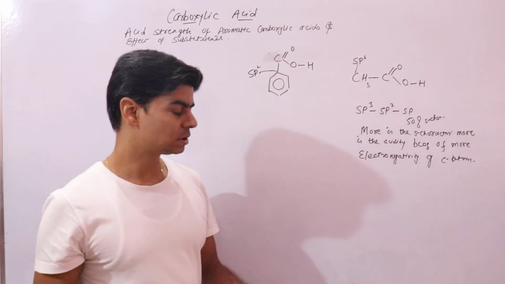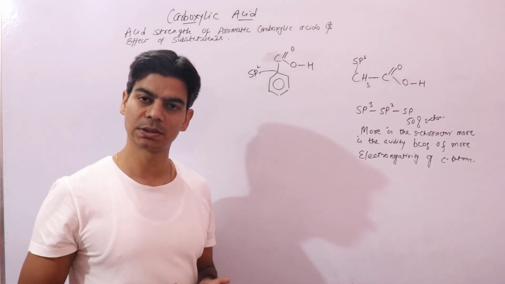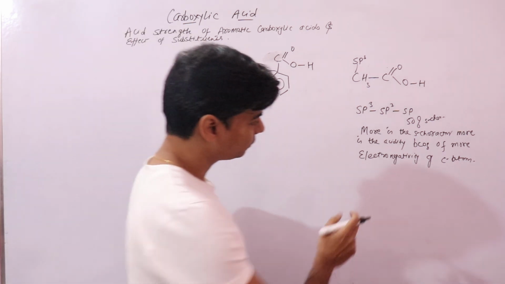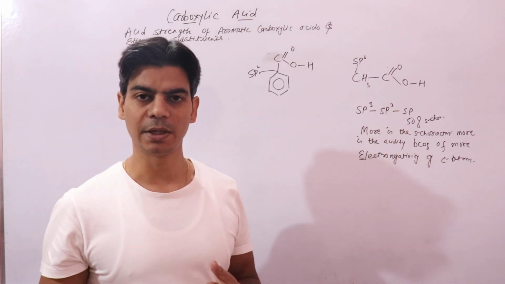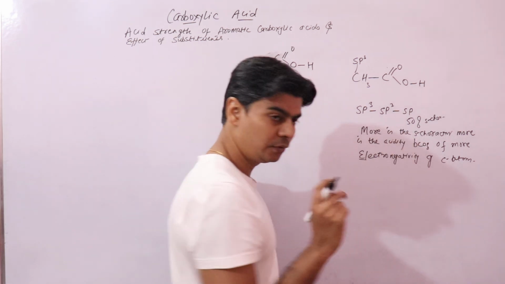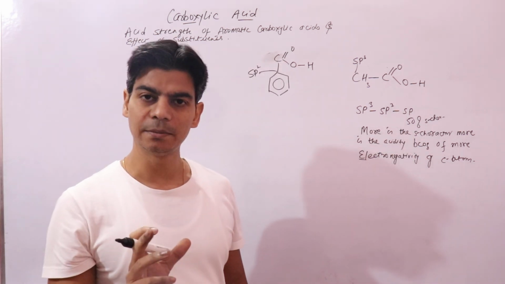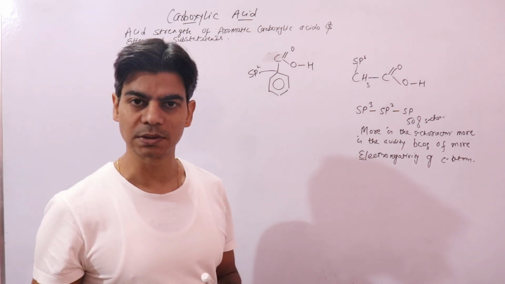Now what causes more S character to have more acidity? If you remember, we have done this in atomic structure, that first of all, electronegativity is ability to attract the shared pair of electrons, right? And we know that if you look at the structure of atom, your S orbital, right, is closest to the nucleus, right?